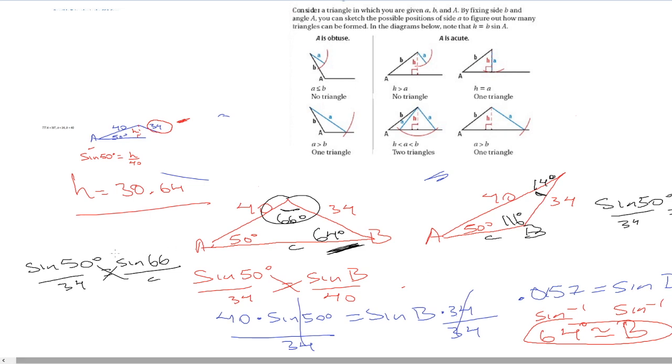Sine of 14 over side C. All right, so again, cross multiply, and you will get your answer, whatever that is. It's going to be a decimal for both of them. So this is an example of a case where there are two possible triangles.